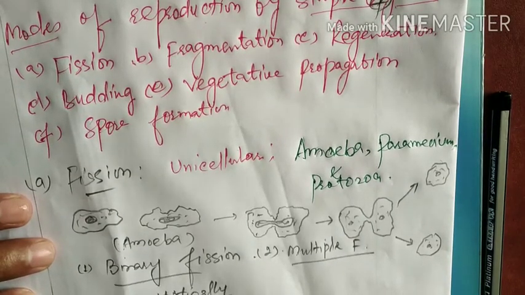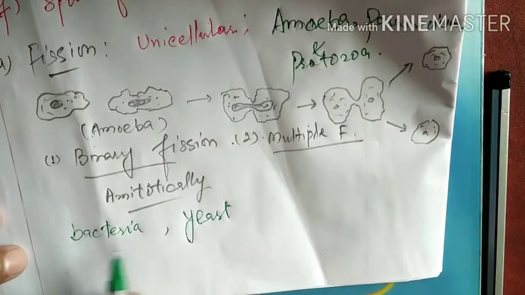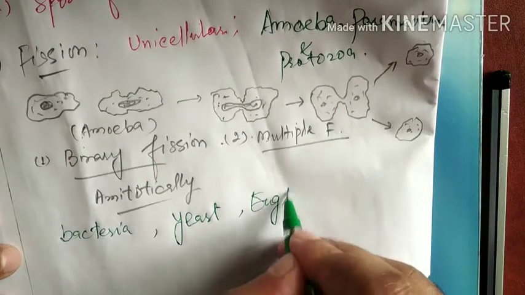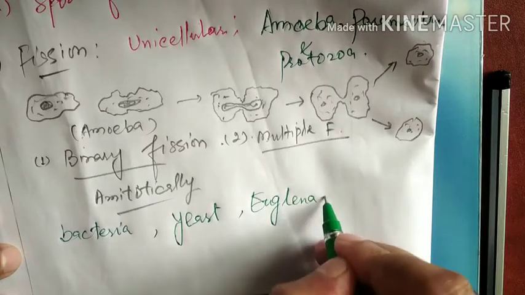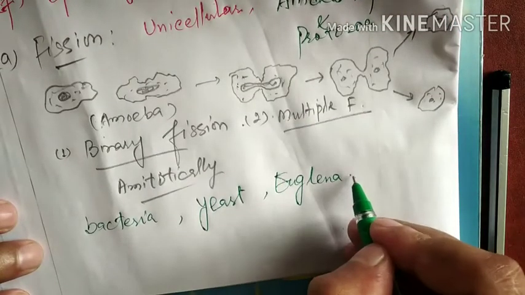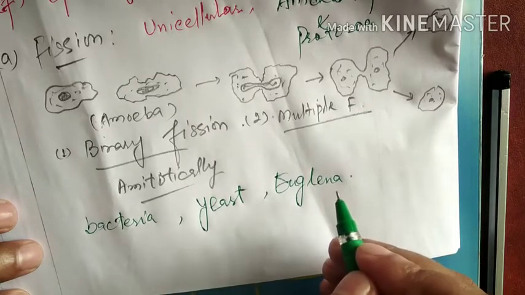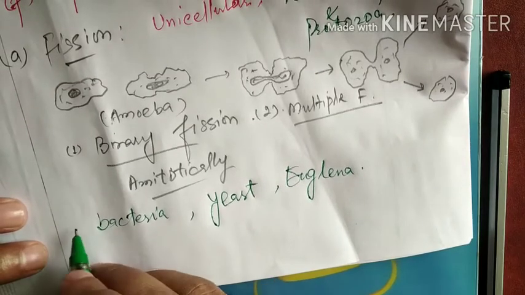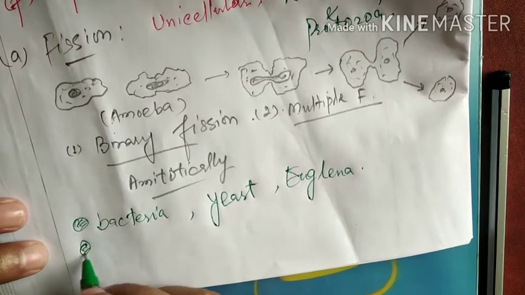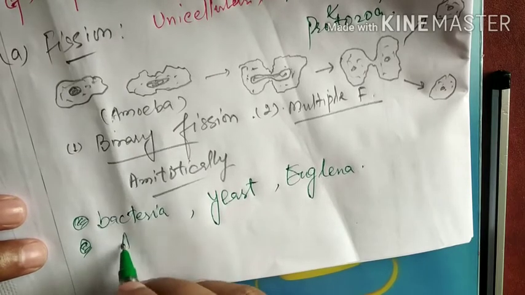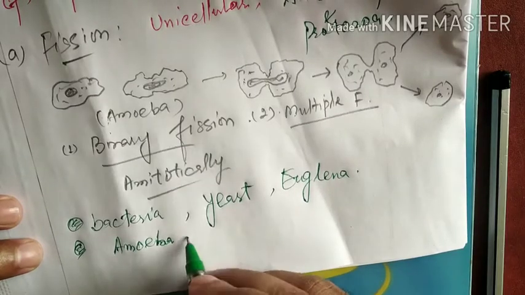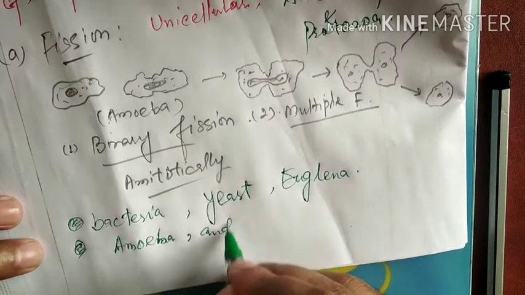We have the yeast. The examples here are bacteria, yeast, and Euglena, which are not animals. Among the animals, we have examples like amoeba and paramecium.